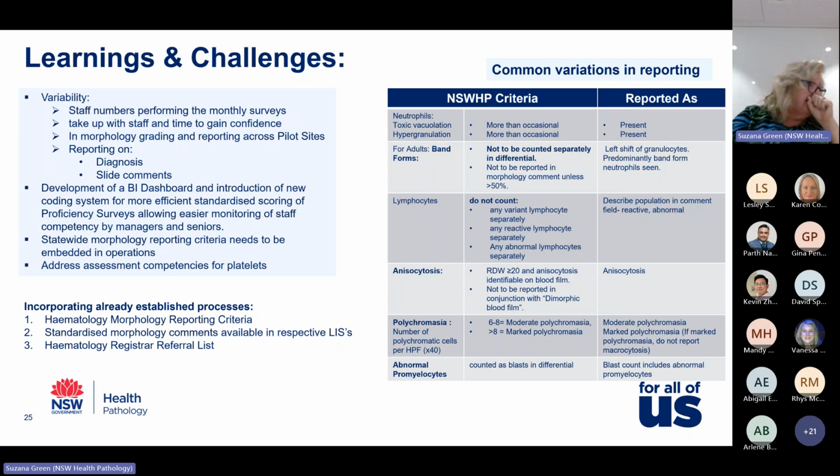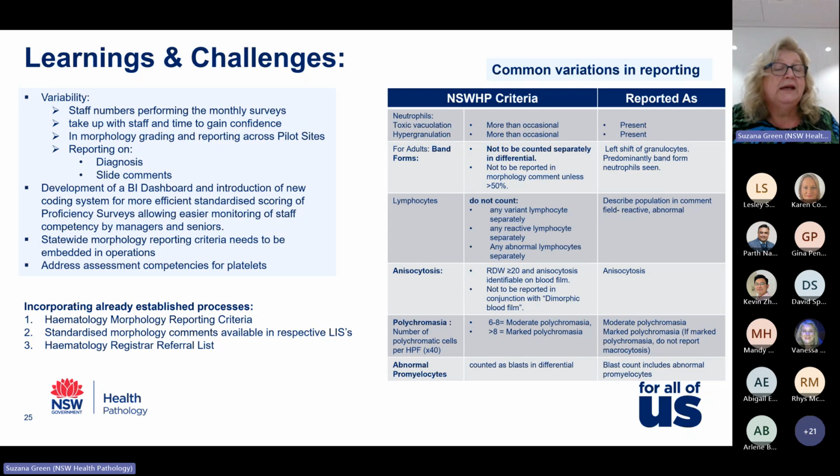We've already got that in place. Some things will be tweaked as we speak, including the haematology registrar referral list, but having more of that standardized approach would allow us to see how our morphologists are doing and how they are actually reporting.